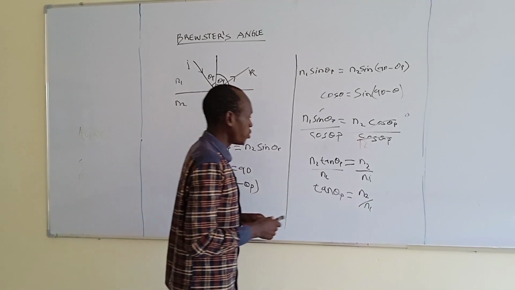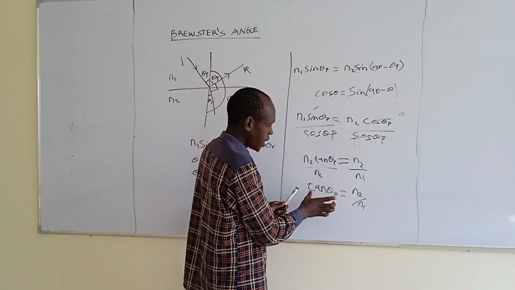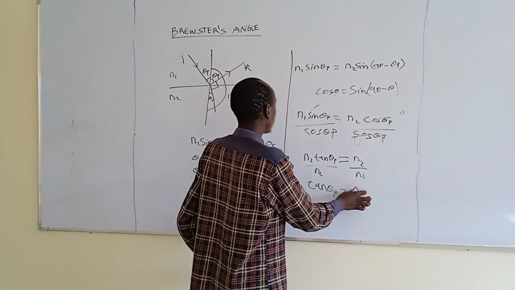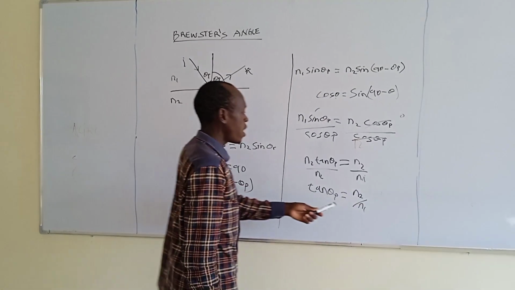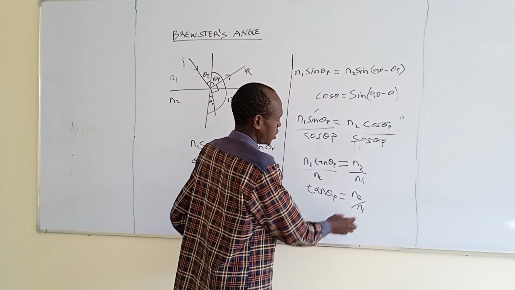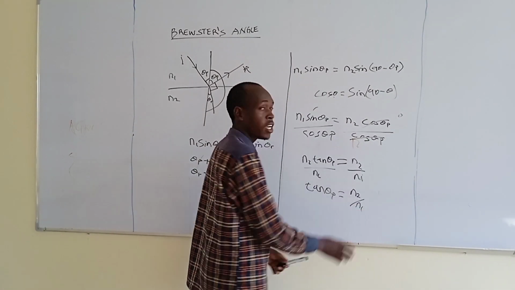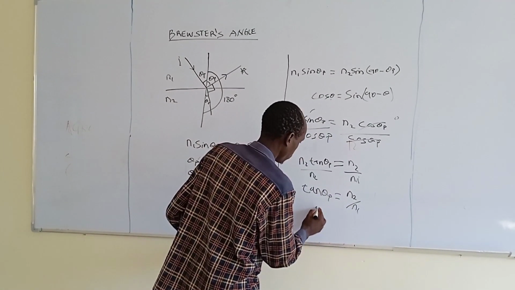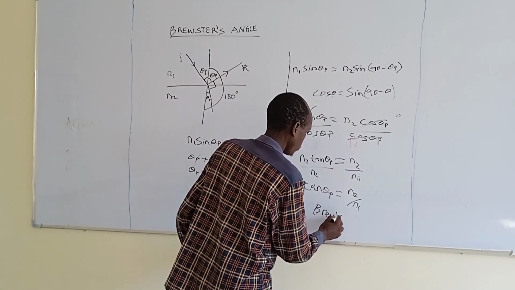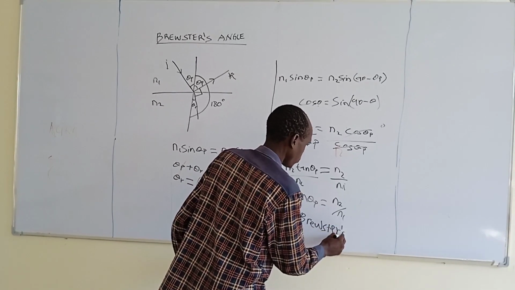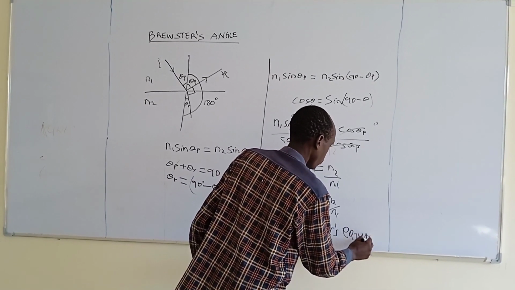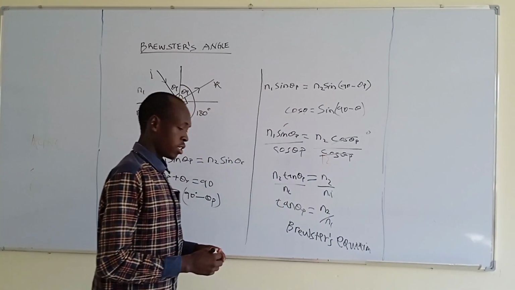So tan of the Brewster's angle is given by the refractive index of medium 2 divided by the refractive index of the environment, or rather medium 1. This is now our Brewster's equation.